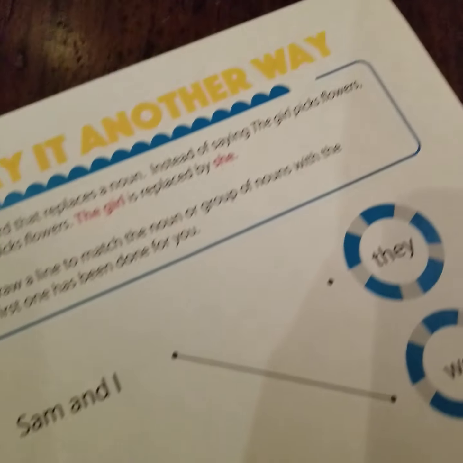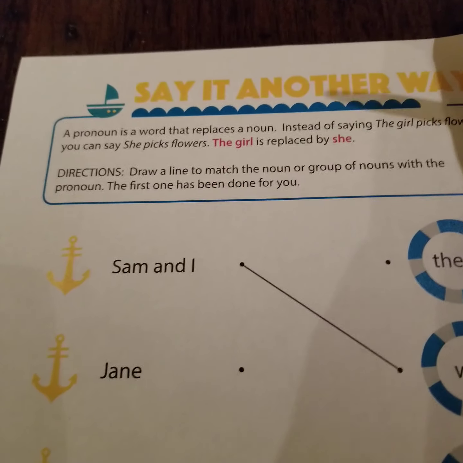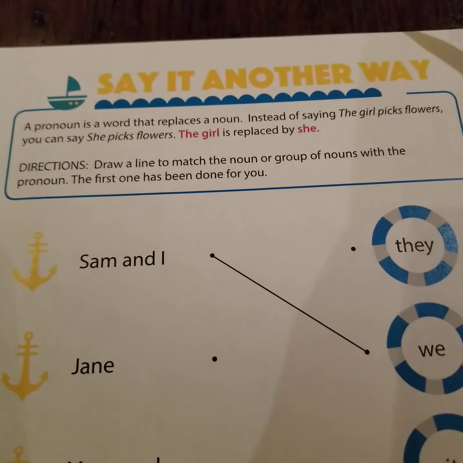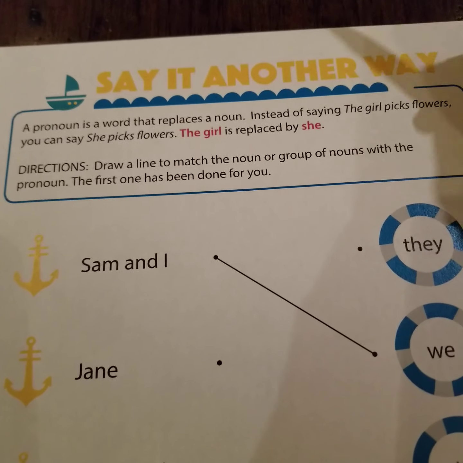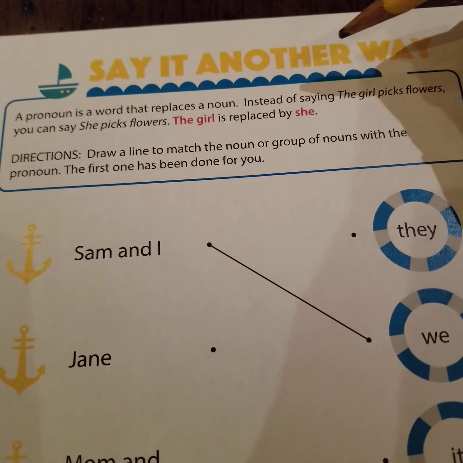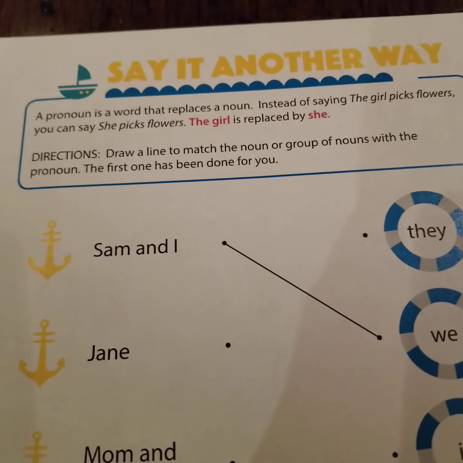Moving on to our pronouns. So a pronoun, again, is a word that replaces a noun. Instead of saying the girl picks the flower, you can say she picks flowers. The girl is replaced by she.